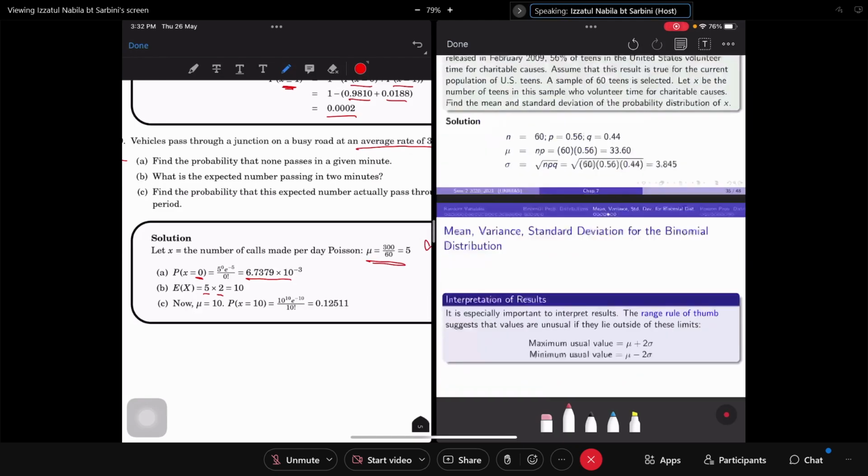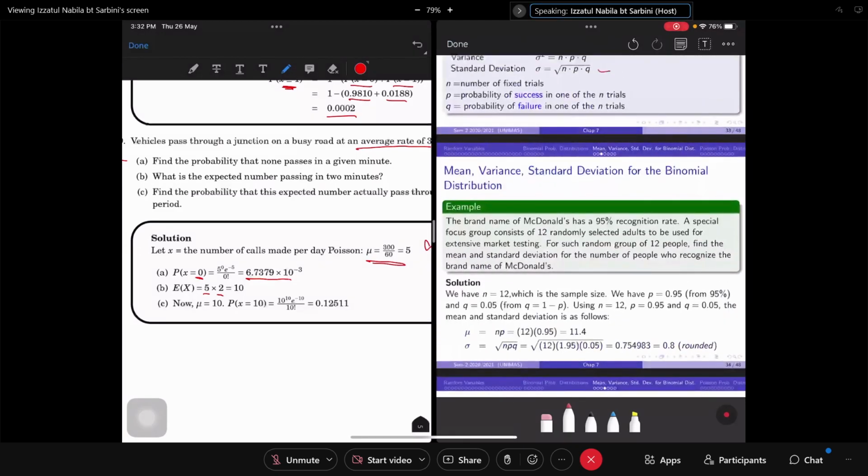Mean times with this, because of these 2 minutes here. Within 60 minutes, you have five vehicles pass through, right? So in 2 minutes, you just times 5 times 2 minutes. So you get 10. The expected value for vehicles to pass through is 10 within 2 minutes, yeah?